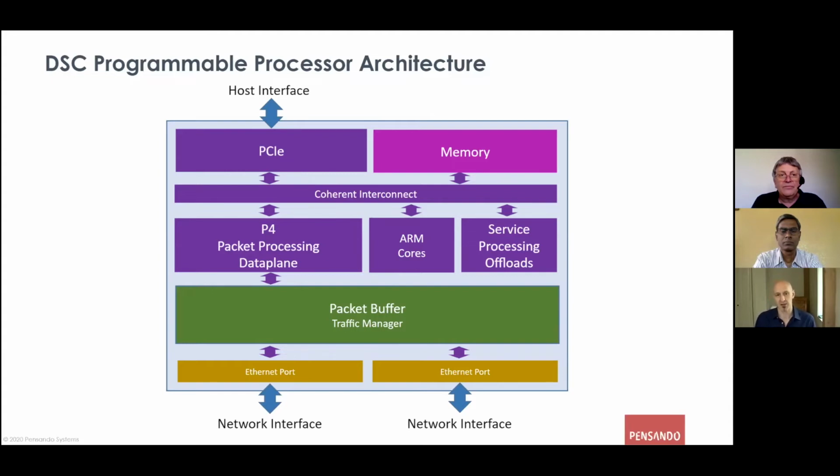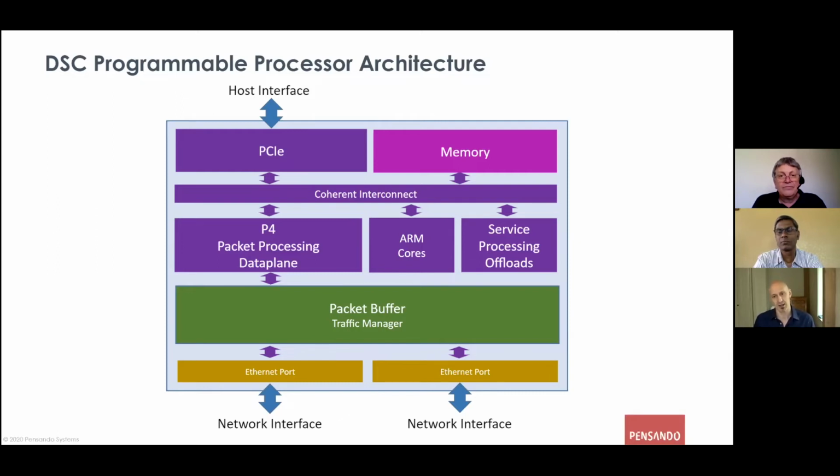But that's not the only processing that we can do in that ASIC. We also have an ARM complex with a number of ARM cores and a number of service processing offloads, which are specialized hardware components targeting functionalities that are particularly resource intensive, that require a significant amount of memory or CPU, like encryption or compression or calculation of digests.